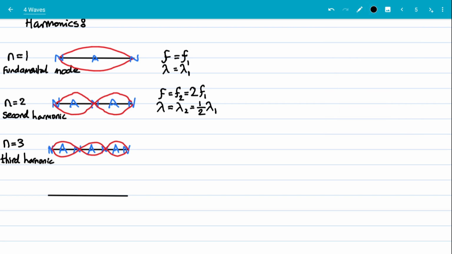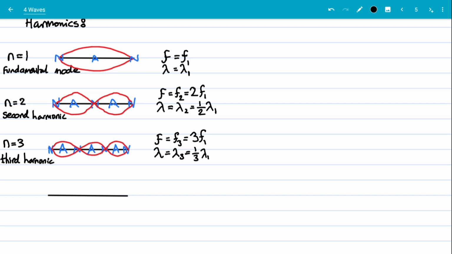Now, what's going on here? Well, the frequency, f3 we could say, is going to be equal to thrice f1. And the wavelength, lambda 3, is going to be equal to a third of lambda 1.